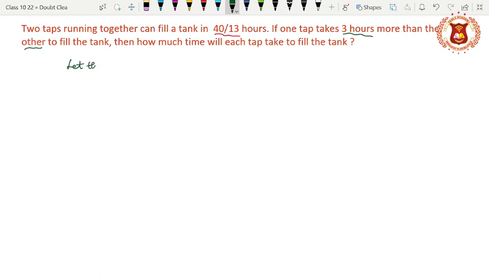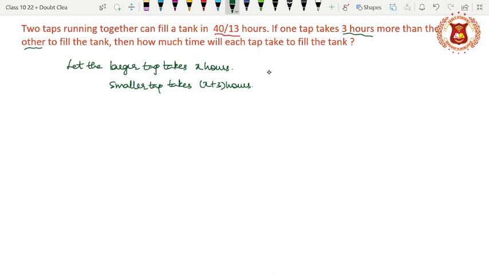Let the larger tap take x hours, and the smaller tap, therefore, takes x plus 3 hours, since it is given that one tap takes 3 hours more than the other.